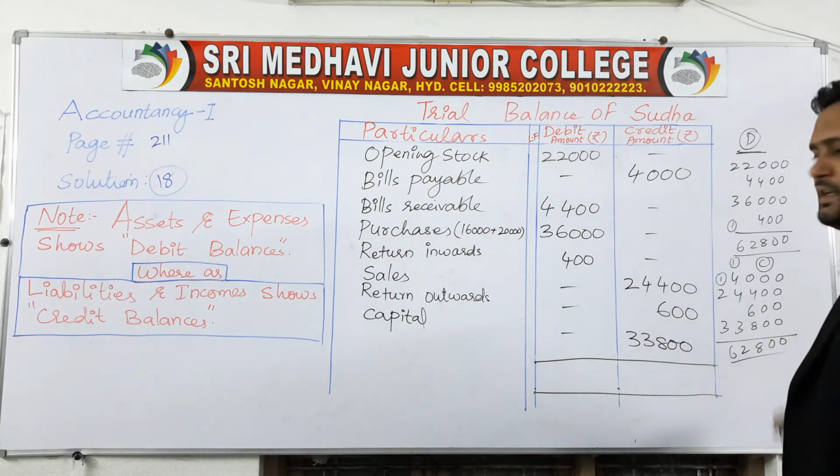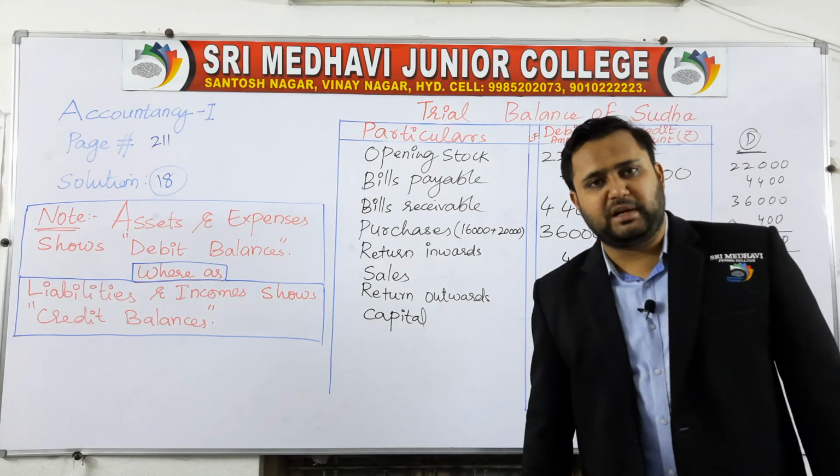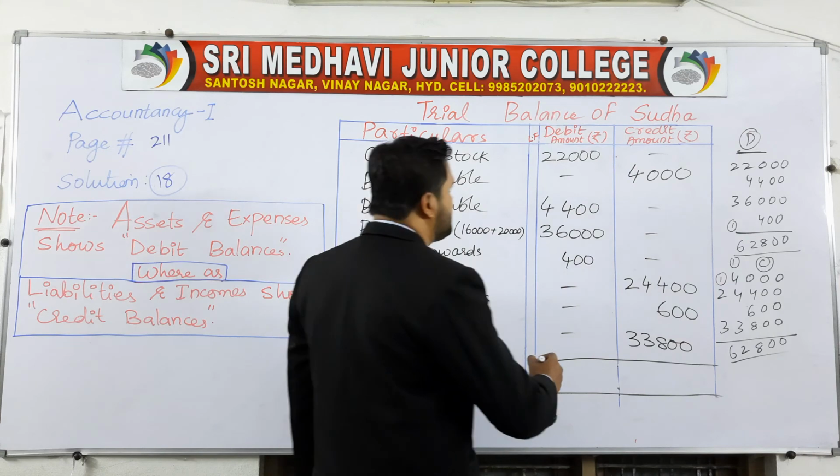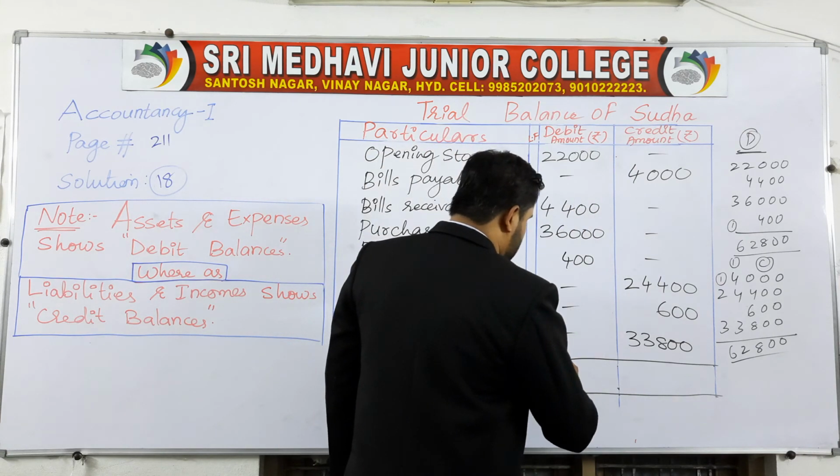Yes, 62,800 is the debit total, 62,800 is the credit side total, which means Sudha's trial balance agreed.